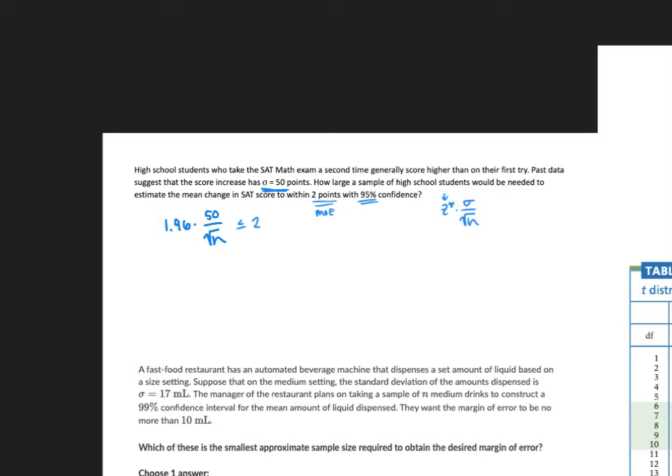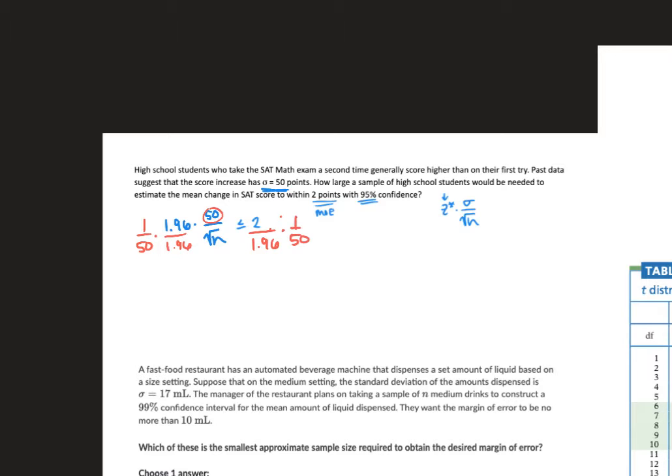So like with proportions, this is just an algebra problem. It's a little bit easier than the other one. So first thing I'm going to do is get rid of the 1.96 by dividing both sides by 1.96. And I'm actually also going to get rid of this 50 by dividing by 50, so 1 over 50.